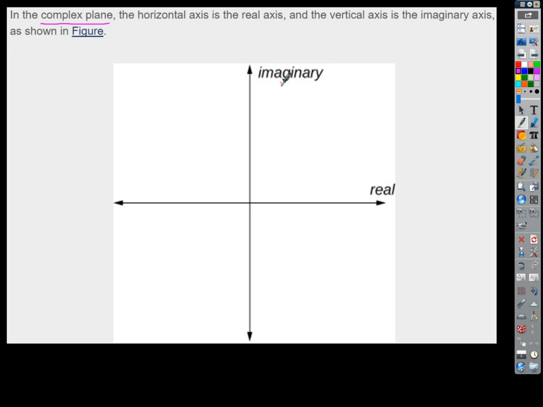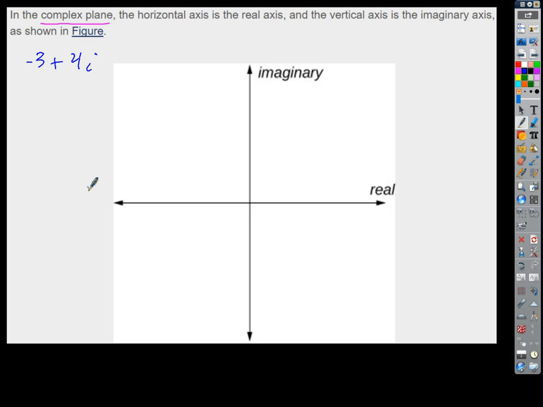So what do you suppose if I took the number -3 plus 4i? How do you suppose I would represent that in the complex plane? Where would the point be that corresponds to that number? -3, 4.